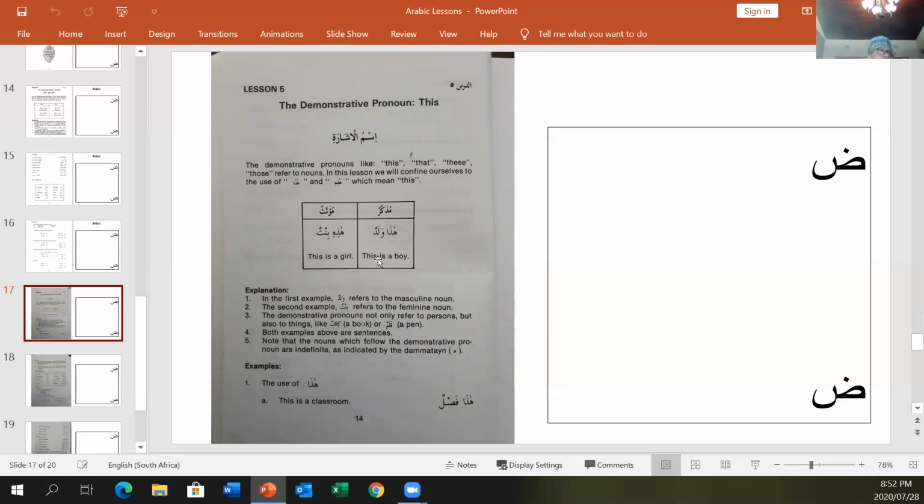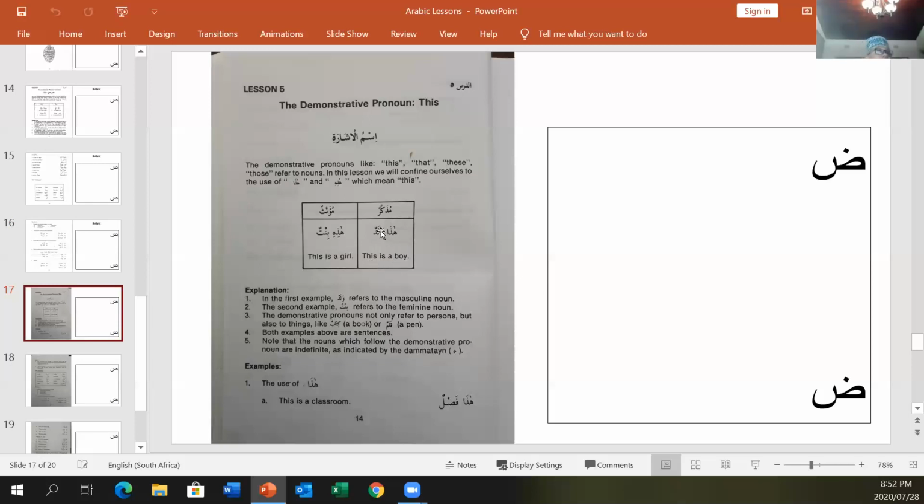But "is" is not part of the translation of hadha, okay? It is not cast in stone that hadha always means "is". Just like for us, when we translate this sentence, we will add in "is" because that simplifies it and gives us a better understanding with regard to the English language.